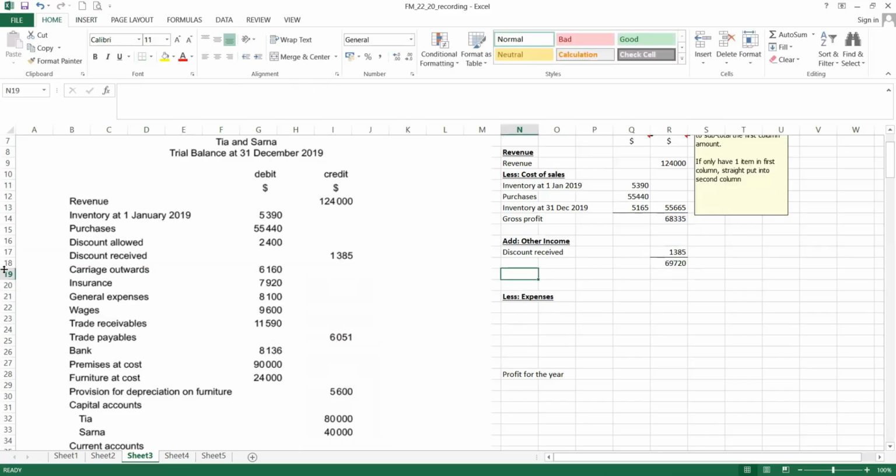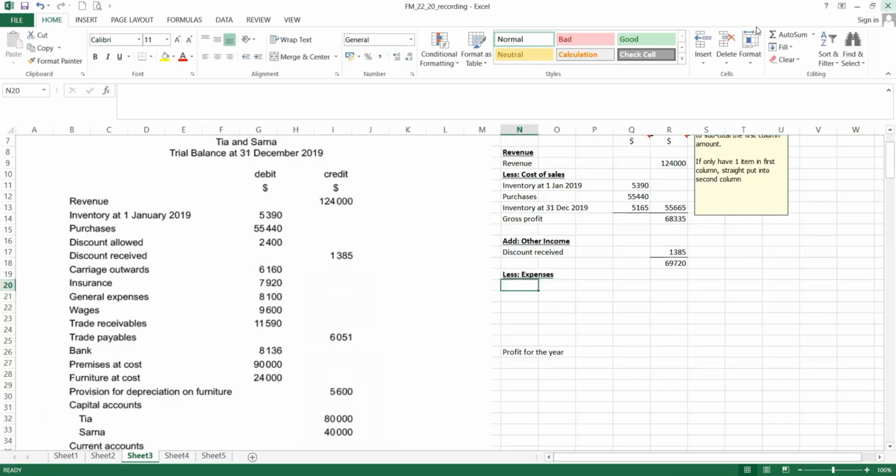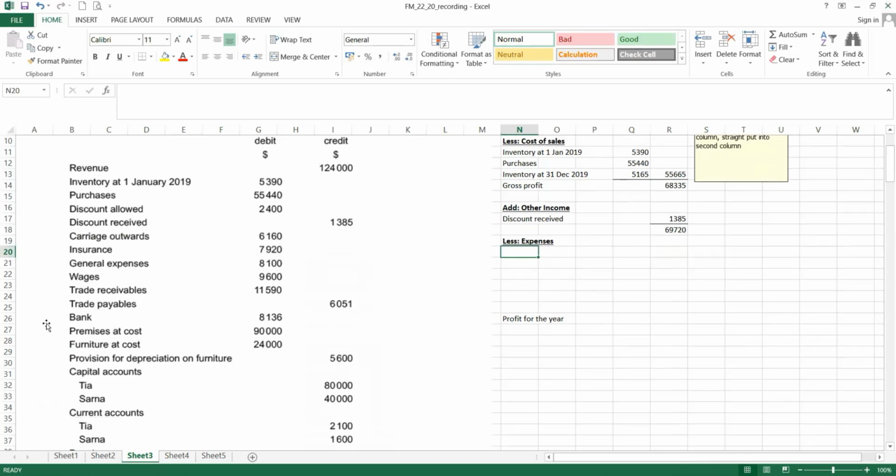Next is expenses. See what expenses we have in this question. Let me check. Okay, discount allowed. Expenses are normally on the debit side. Discount allowed, and then carriage outwards. So these two we put in first, 2004. Carriage outwards is 6160.